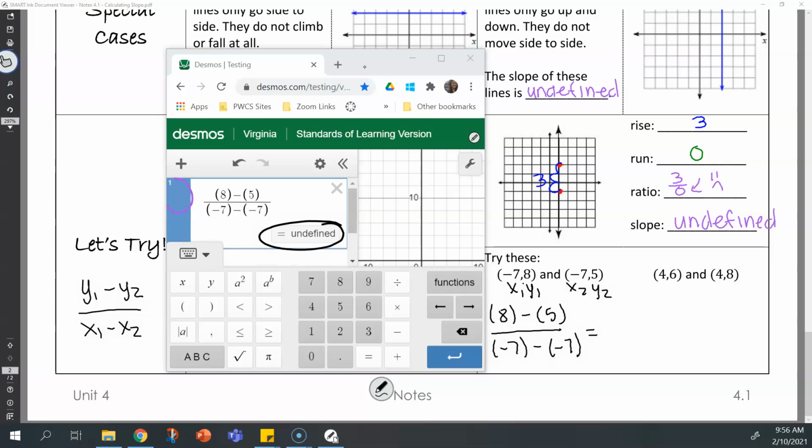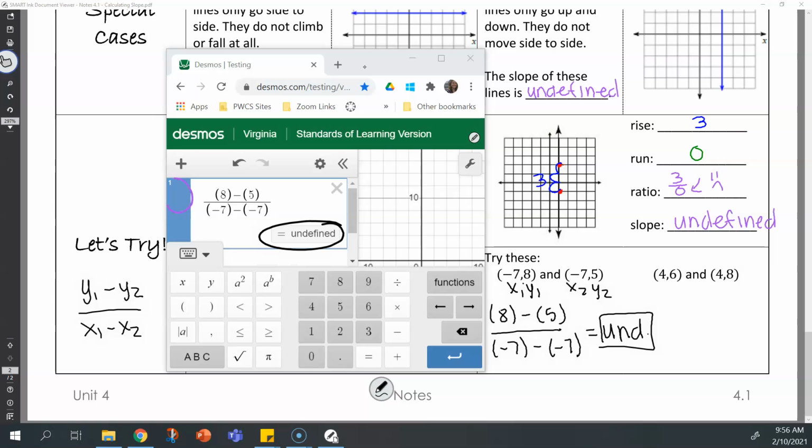If you do this in the calculator, it may say error, but in Desmos, it does actually say the word undefined. That is your answer for the slope. You can abbreviate it if you want to, but it is not the same as having a 0 slope.